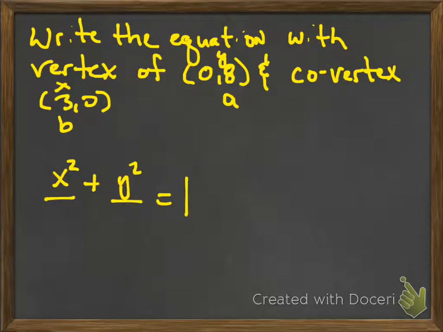The a, which is the bigger one, is on the y. I square that, 64, and put it under the y. The b is on the x. I square that, b squared is 9, and put it under the x. And that's it for that one. Very simple. We're not trying to find any vertices or foci right now, although I could do that from here, and we'll get to that.